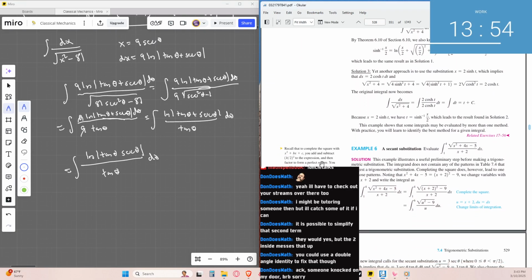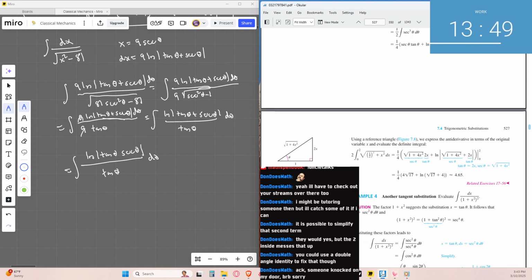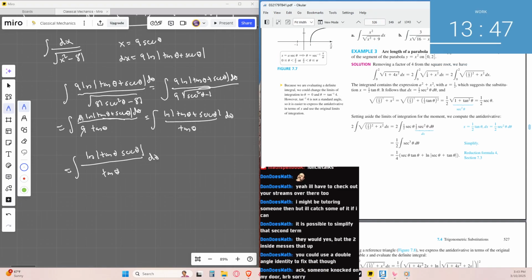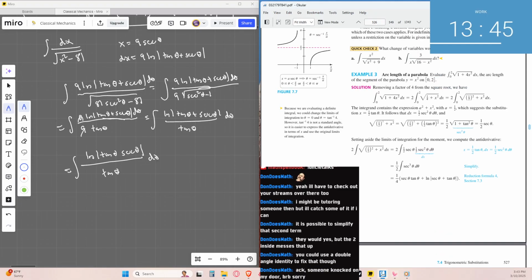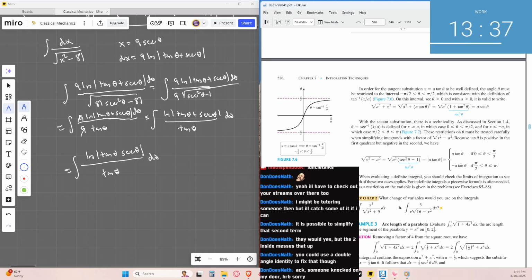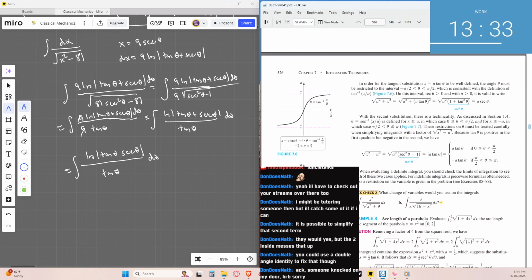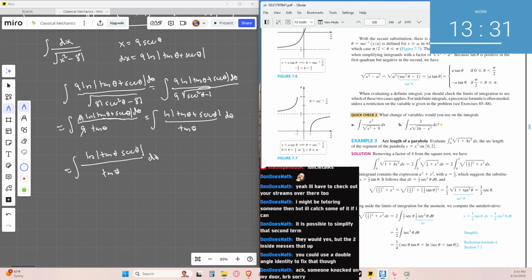This one's for sine. Let's see, secant. Yeah, here's one for secant. No, wait, this is tangent too. Oh, here we go. B is for secant.